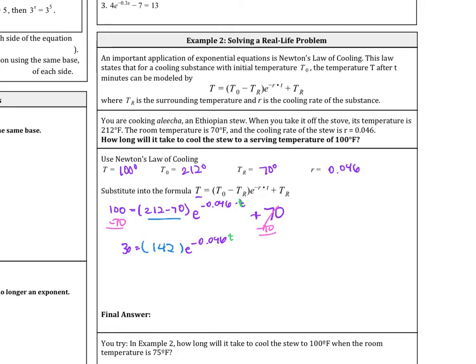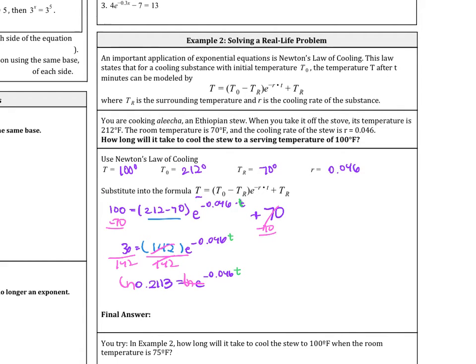Now we're still trying to solve for t, so let's divide both sides by 142. When you do this in your calculator, you get 0.2113 equals e to the negative 0.046 t. Now in order to cancel out this e, we want to take the natural log of both sides, and that'll cancel this out.